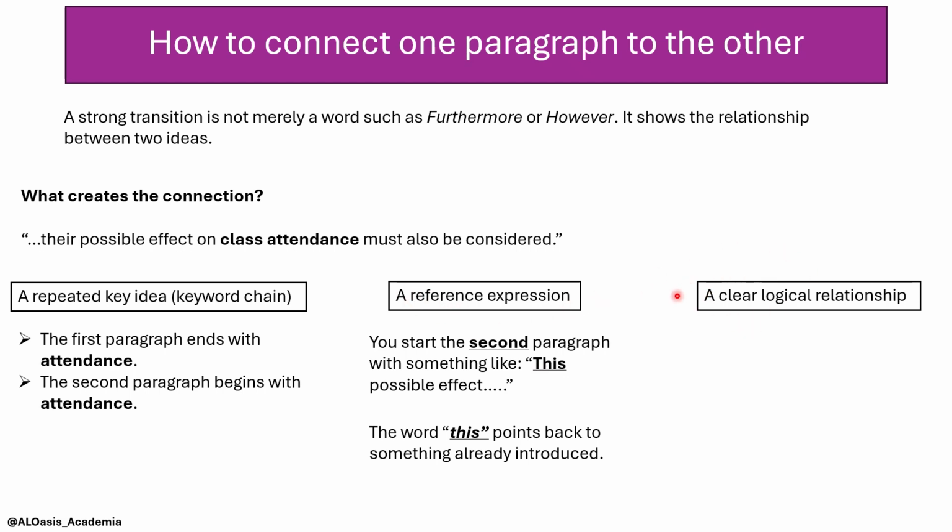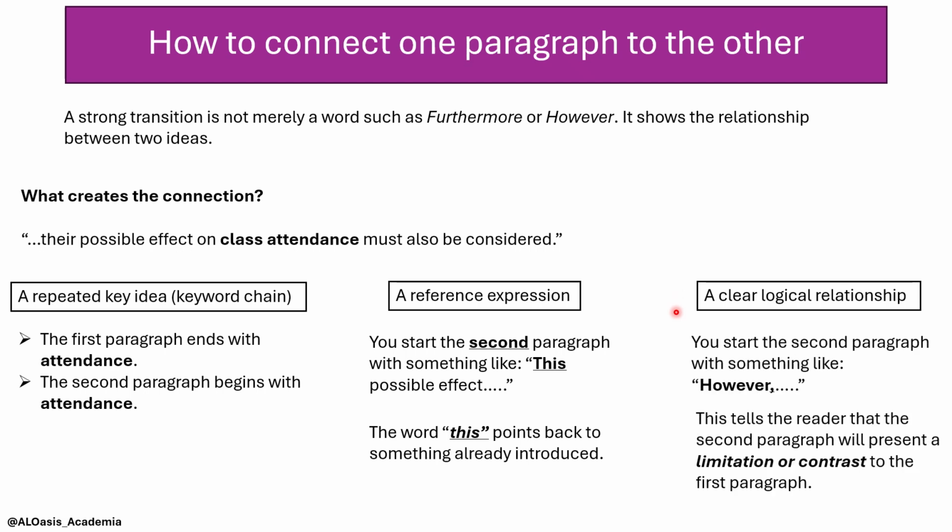Then the third technique is using a clear logical relationship. What do I mean with that? For example, you start the second paragraph with something like "however". You ended the first paragraph with "the class attendance must also be considered." "However" tells me as a reader that the second paragraph will now present a limitation or a contrast to the point that was introduced in the first paragraph.